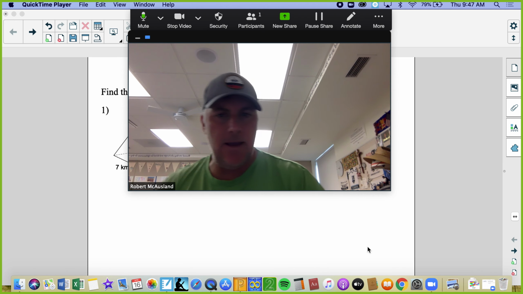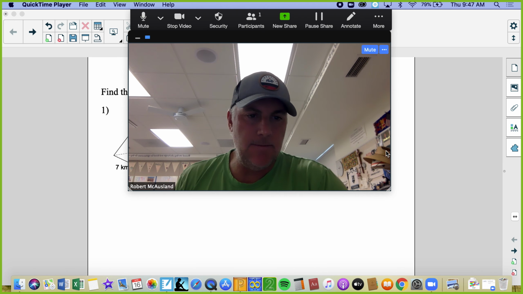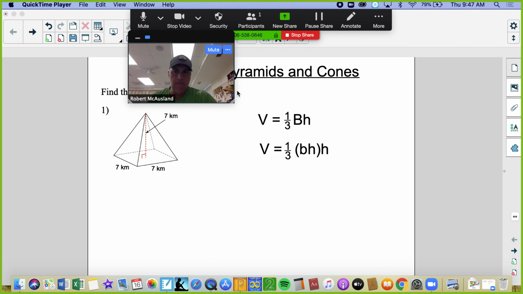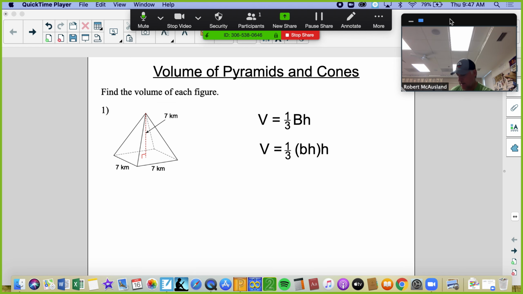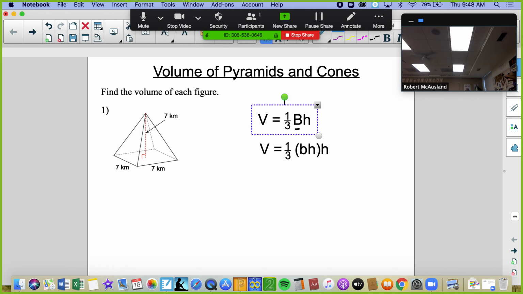That being said, we need to look at our formula. The formula for the volume of any prism or cylinder is volume equals big B times H, then a pyramid and cone is going to be 1/3 big B times H. And remember that big B represents the base area.